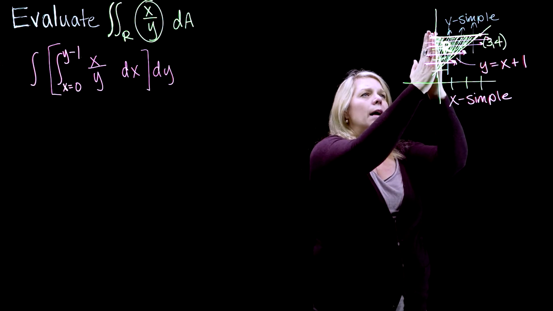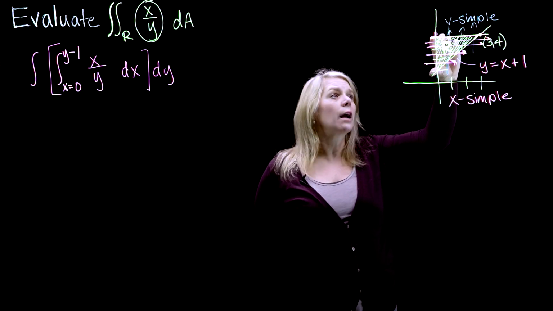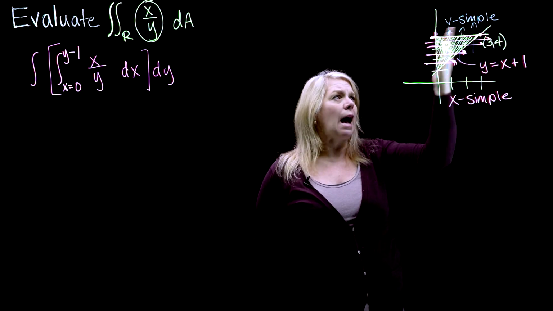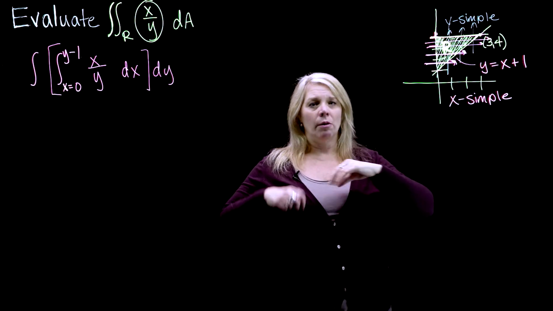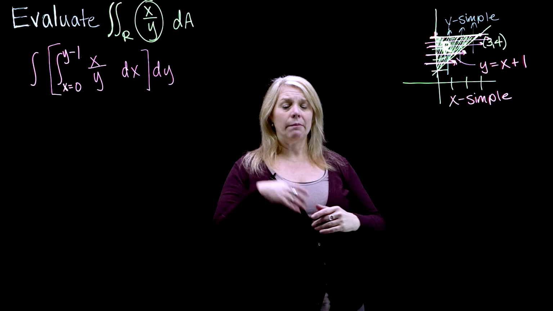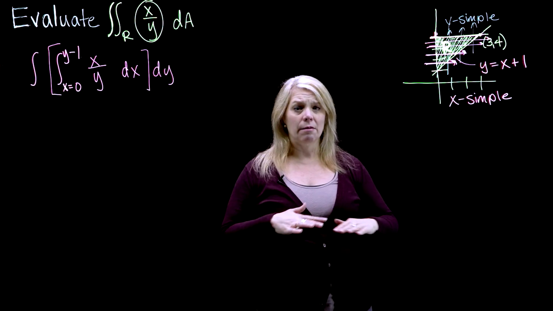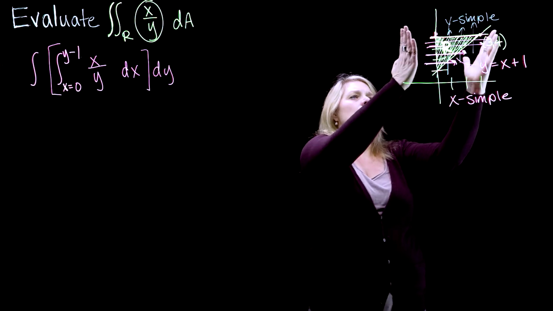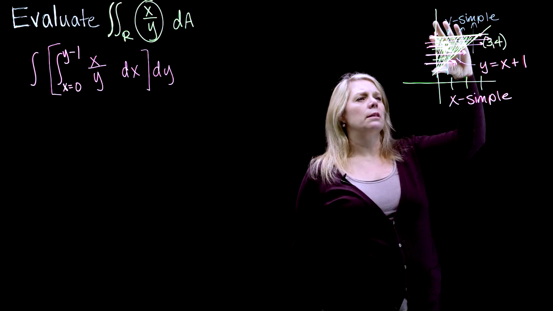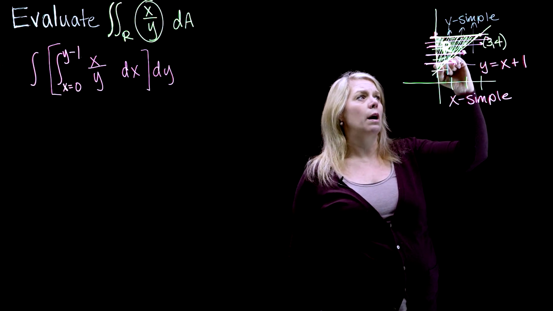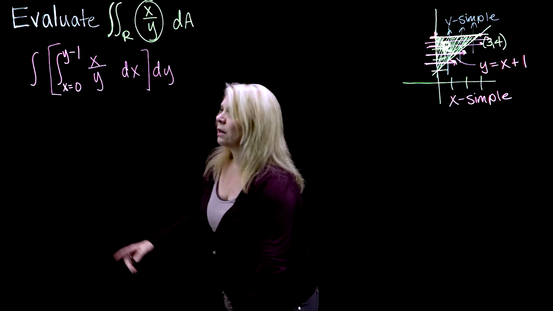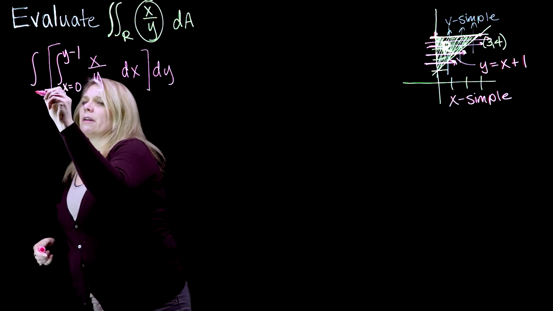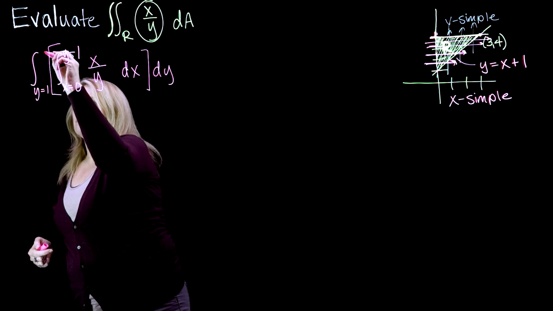So collapse it back into the x direction and look at the projection of where that region is at on that remaining variable. When we do three-dimensional ones, we'll do the same thing, collapse it in one direction and look at the remaining variables. So I've gone in the direction of increasing x. If I collapse that back, you can see here that we would be from y equals 1 to y equals 4. So our outer limits of integration will be from y equals 1 to 4.